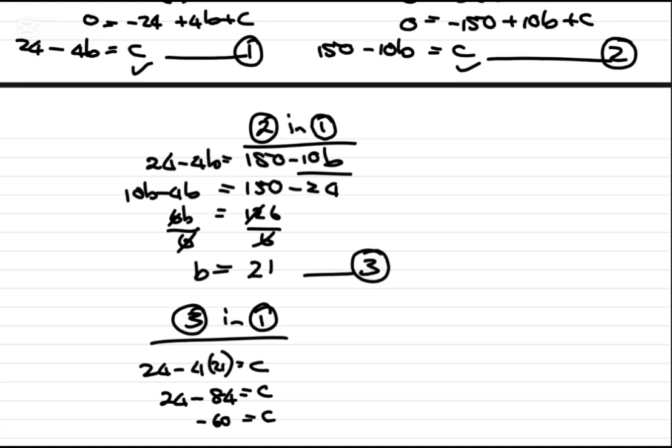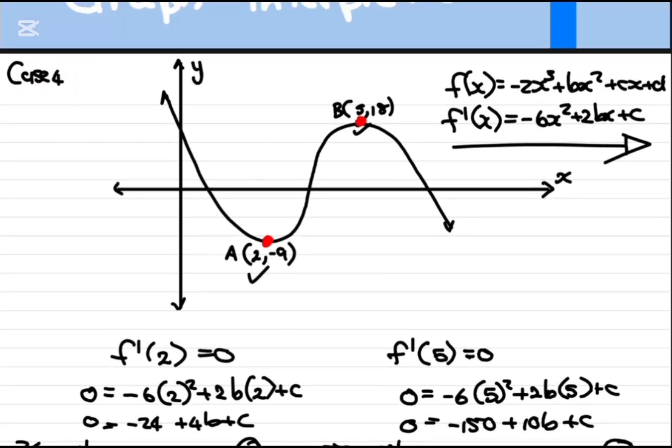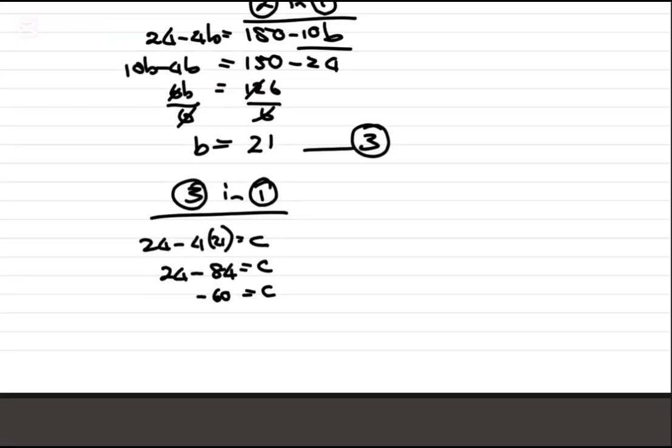So let's just recap where we are at the moment. We do have the value of b and c. We've got the value of a, we've got the value of b, we've got the value of c. Let me just rewrite it on the side. So let's just recap.